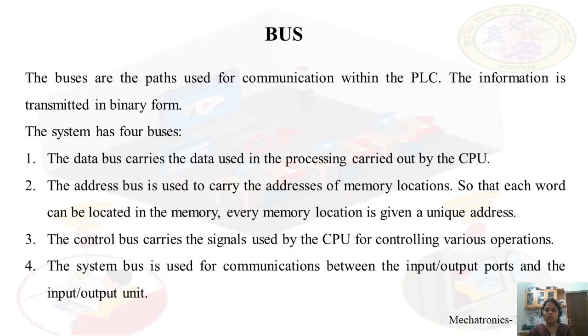The control bus also carries the timing signals for synchronization of the operations. Next one is the system bus. The system bus is used for communication between the input or output ports and the input or output unit. We use the system bus to communicate between the I/O modules.